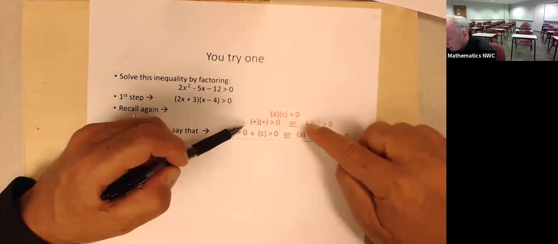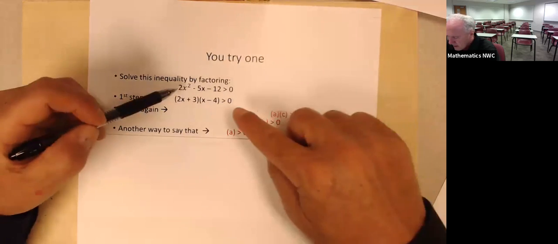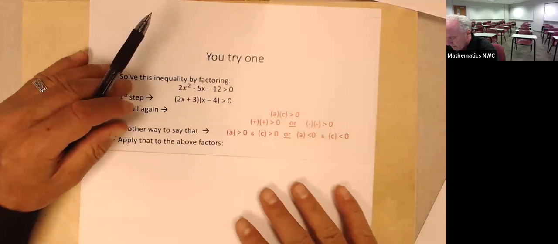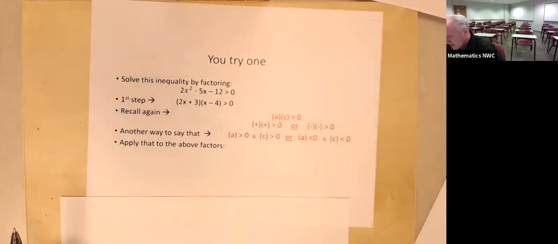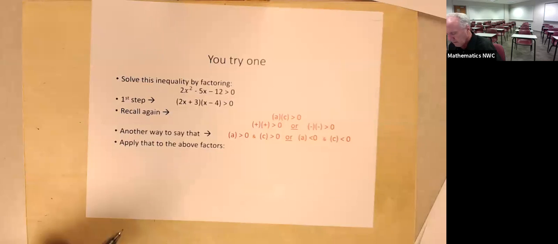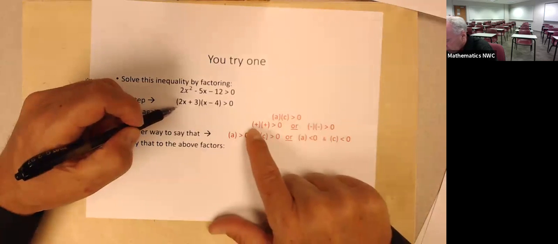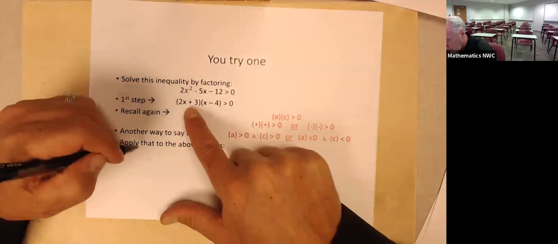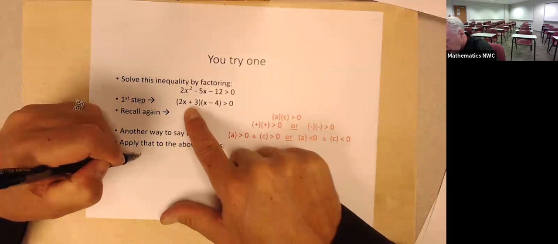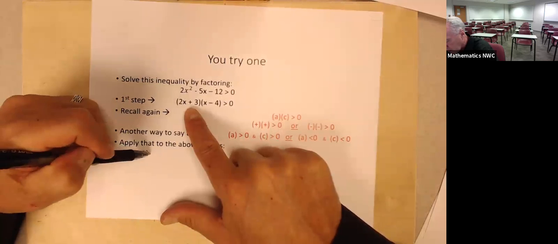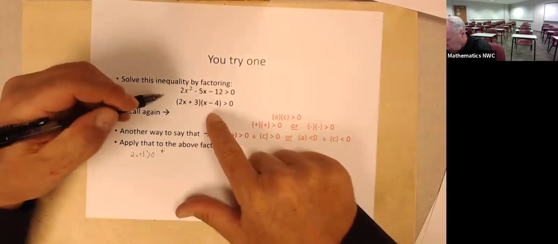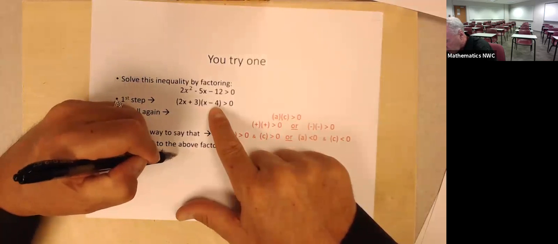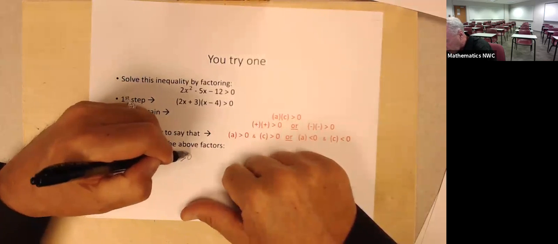I'm going to now apply this red to this problem right here. So let's do that here together. Both of them have to be positive. So I take the 2x plus 3, make it greater than 0. And at the same time, I take the x minus 4 and make it greater than 0.